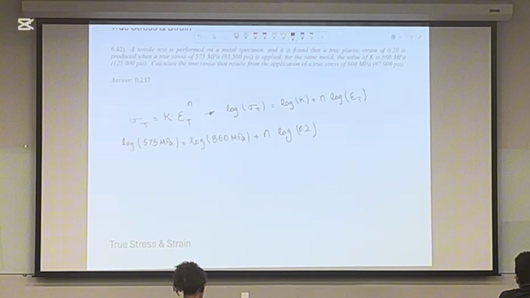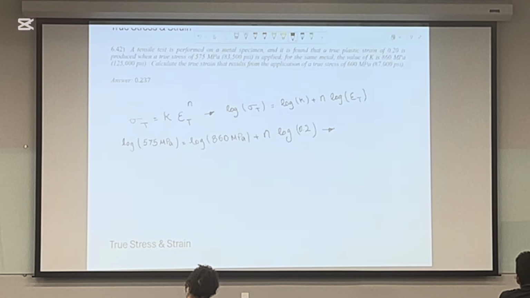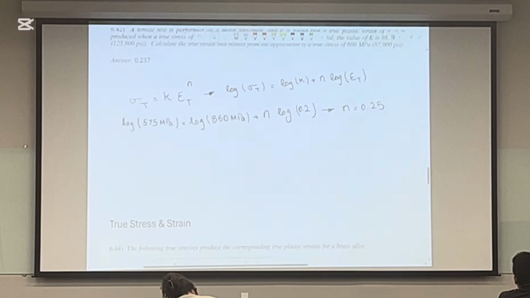From this equation, we first find N, and if you solve it, you will end up with a value of 0.25 for N.